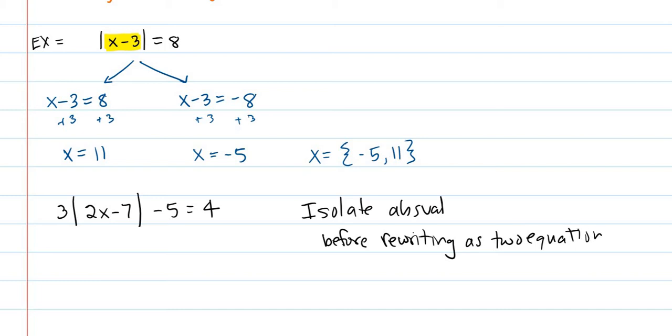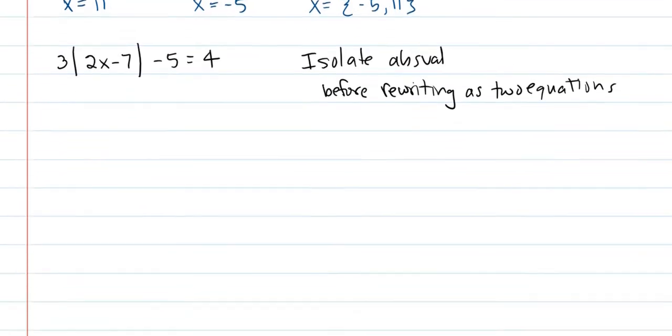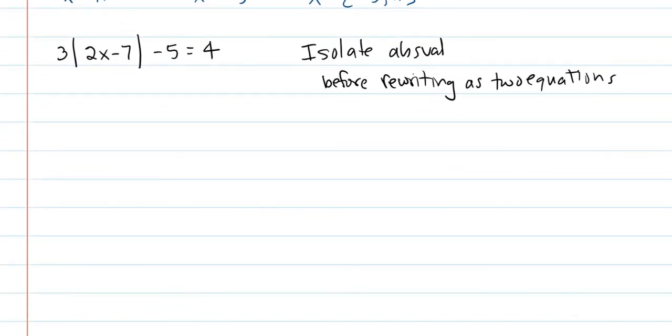Here we just use our knowledge of solving equations and pretend the absolute value bars are like a parentheses. So in this case, we'll work from the outside in, so we're doing reverse PEMDAS. So we're going to add 5 to both sides, and we now have 3 times the absolute value of 2x minus 7 equals 9.